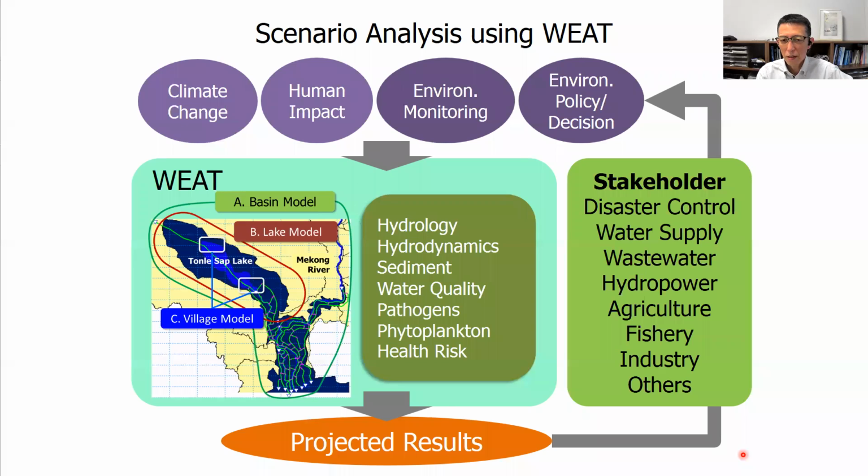And then we can use this information to make a decision in the management. So the models, if you use them in a proper way, are very useful to find out the major practice in the management.